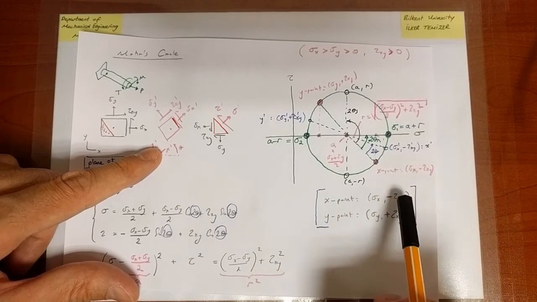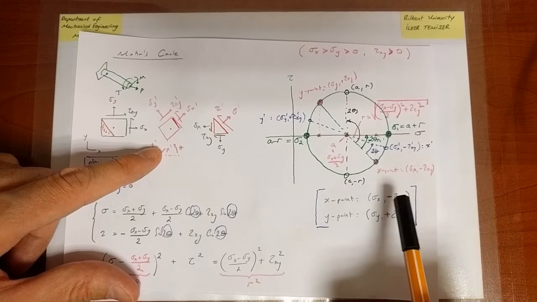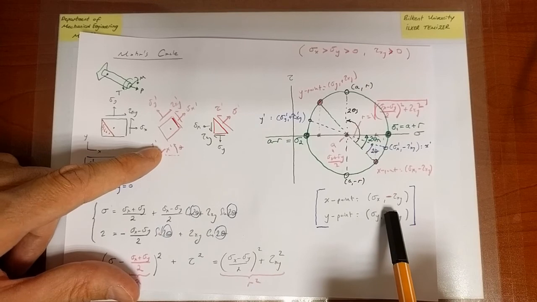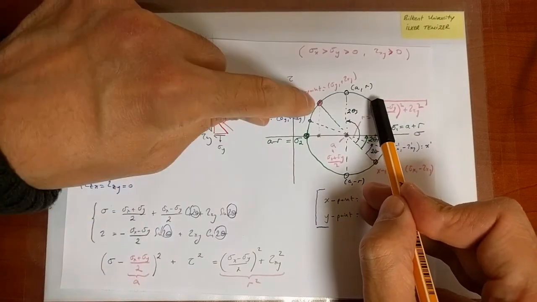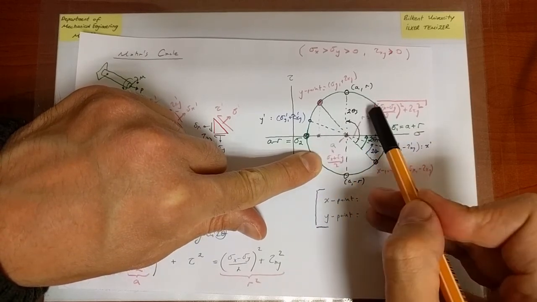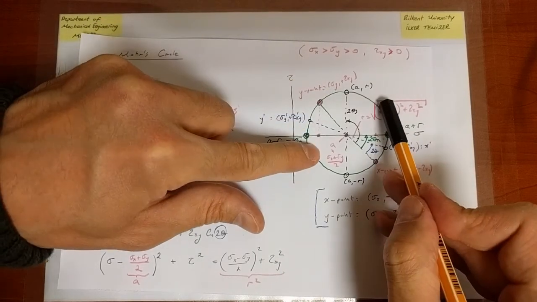You want to plot sigma x together with a minus sign, because otherwise what will happen is, first of all, let's agree. If this is a minus, then this is a plus. If this is a plus, this must be a minus. So if I put this point over there, the other one must be over here, because they need to differ by 90 degrees on the physical picture or 180 on the Mohr circle. So either this or that.